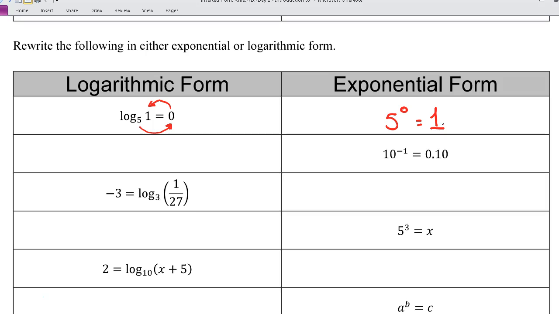Alright, and then if we're going the other way around, so our base is 10 over here, so I'm going to have the log base 10, and our output is 0.1, so log base 10 of 0.1, and that's going to equal our exponent. Hang on a second, sorry.